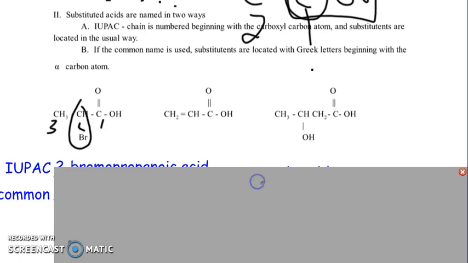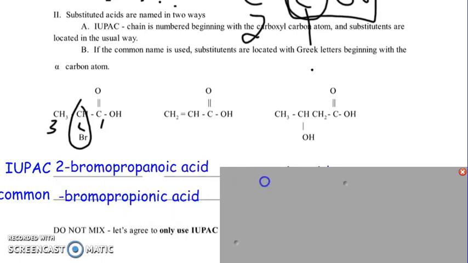And then over here for the common name, see how I couldn't type in the alpha there: alpha-bromopropionic acid. So again, because this is always the first one, the common name starts with alpha and beta and goes from there. So yikes.